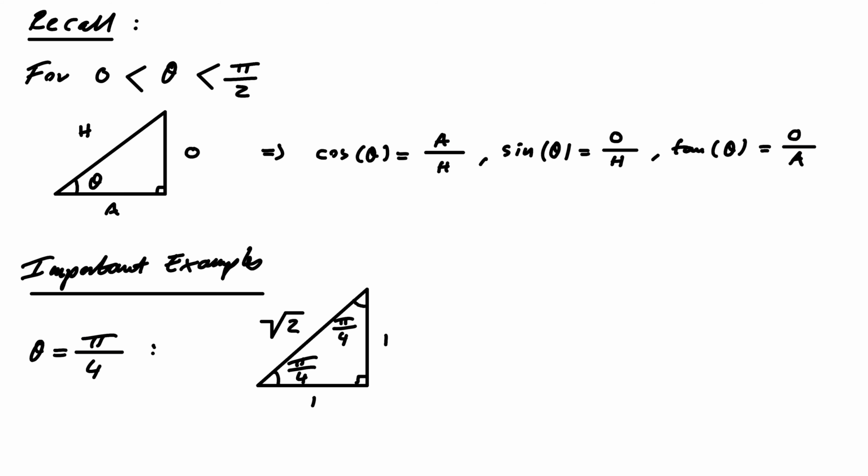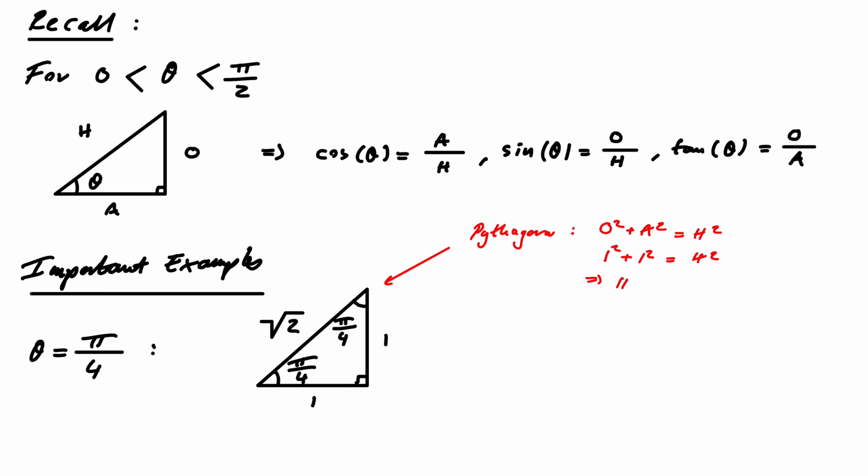Let's make sure we're fully on board here. Pythagoras says that the opposite squared plus the adjacent squared is equal to the hypotenuse squared. So 1 squared plus 1 squared, and I only chose 1 for simplicity, is equal to h squared.